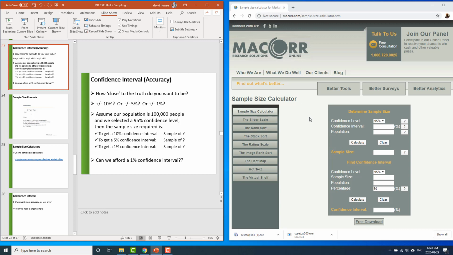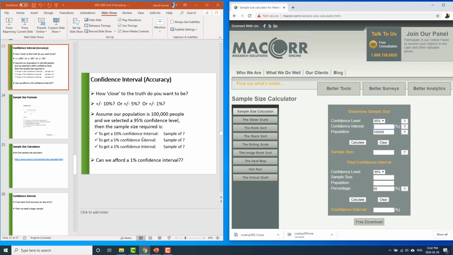A confidence level of 95%. So what was our population? Our population is 100,000. Then we have to put in our confidence interval: 1, 5, or 10%.